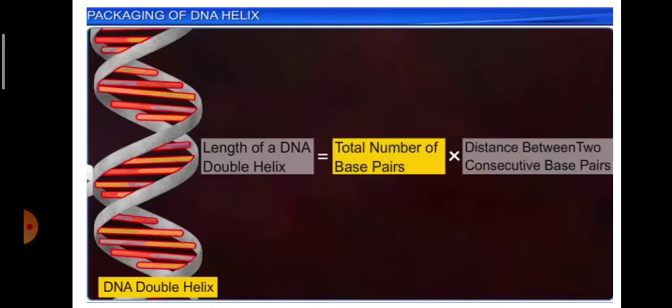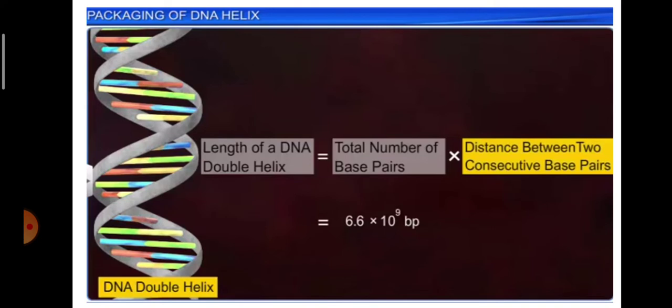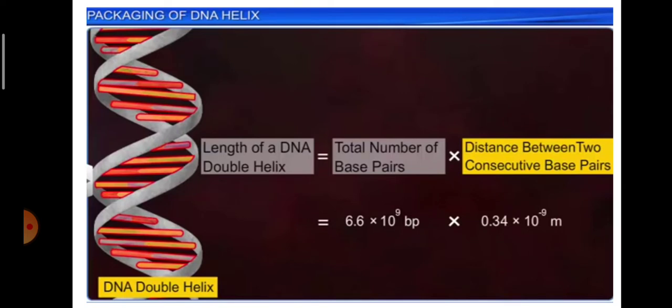Now, the total number of base pairs in a typical mammalian cell is 6.6 multiplied by 10 raised to the power 9, and the distance between two consecutive base pairs is 0.34 nanometers, or 0.34 multiplied by 10 raised to the power minus 9 meters. By multiplying these two factors, we get the length of the DNA double helix as 2.2 meters.